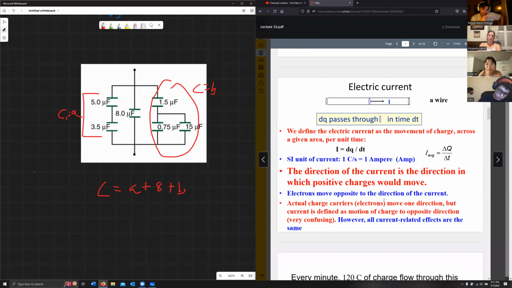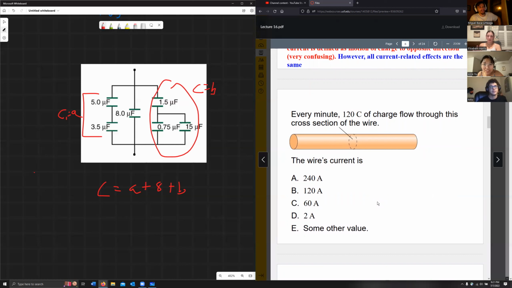Very confusing. However, all current-related effects are the same. I love how he just puts 'very confusing.'